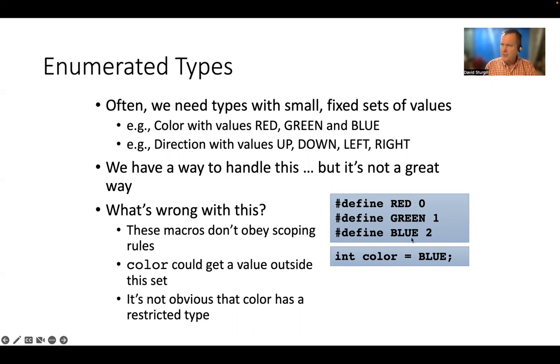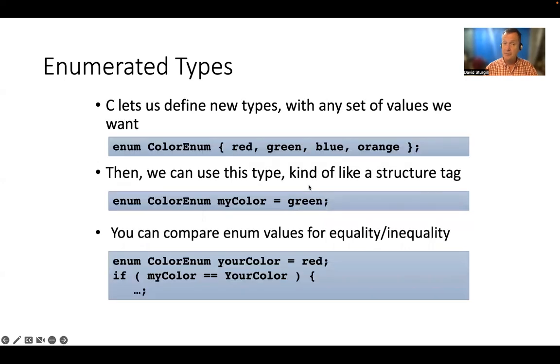And it doesn't know that these 3 values go with color. Enumerated types, just like in Java, let us define a type that has a fixed set of values that the compiler knows about. So it might be able to give us more useful debugging help if we make a mistake in our code.